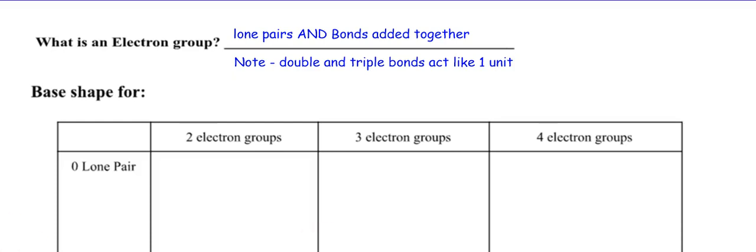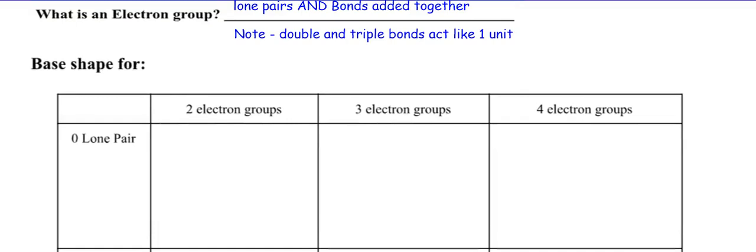Okay, so what is the base shape for two electron groups? So here is this. It's a linear molecule, all right, with no lone pairs, like H and H, something like that. You have no lone pairs and you have two electron groups in a sense. Okay, so there's my linear.